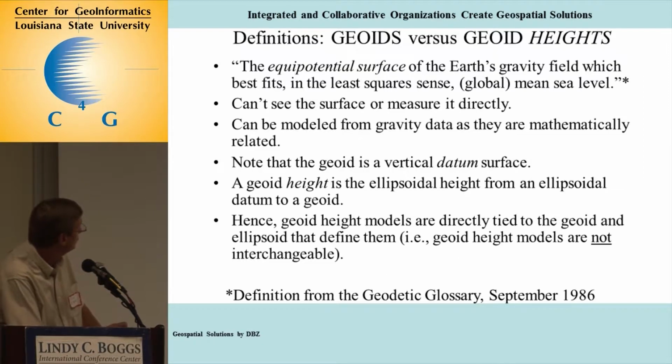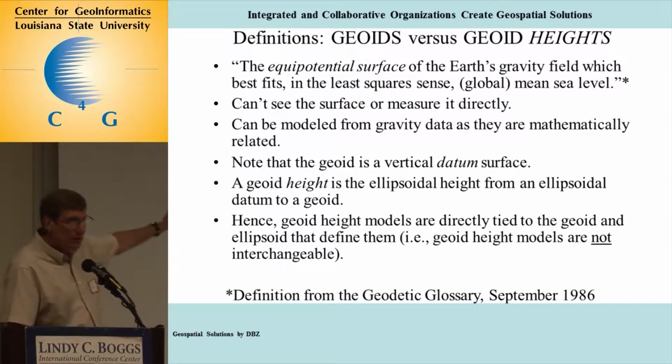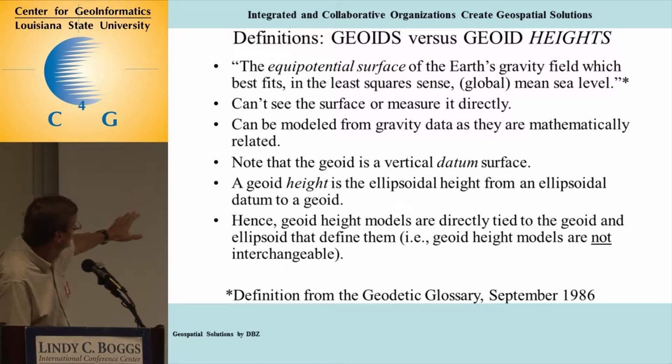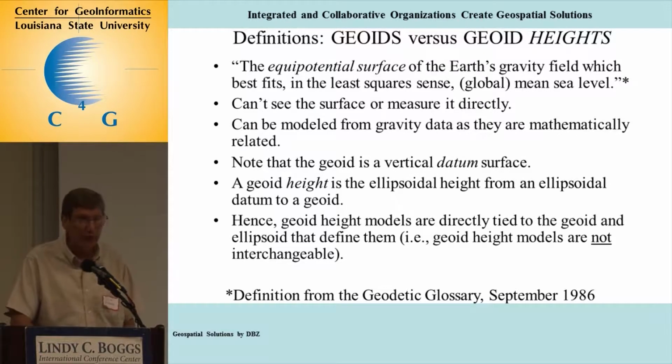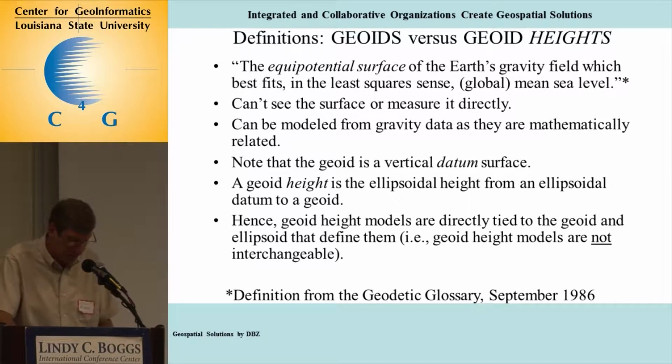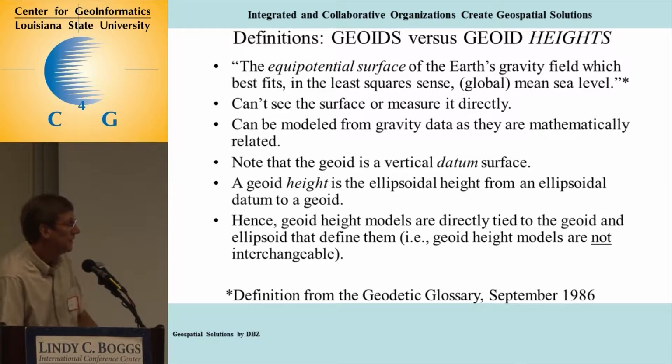I'm not going to go through this. This is about geoids versus geoid heights, and Dan felt it was very critical to mention, because the geoid height is what you get off of the data sheet. The geoid is a model that the geoid heights come from.